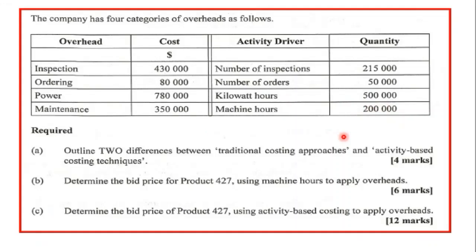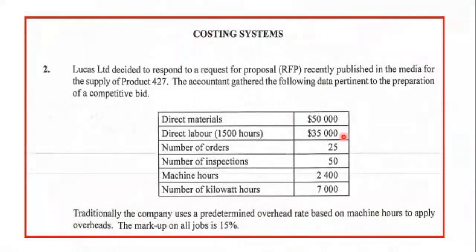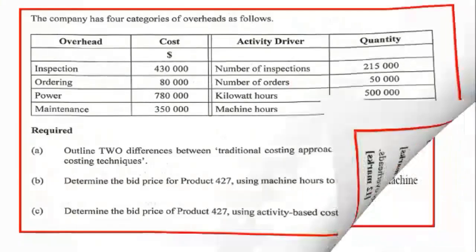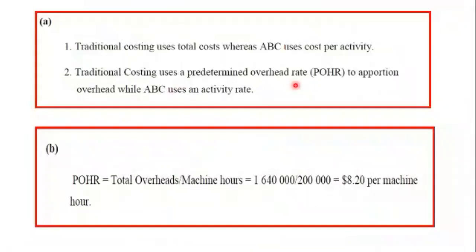And we back up here, we get the total overhead costs over here by adding down these. These are the estimated figures. From these, you are going to calculate the POHR. So the POHR would be equal to 1,640,000 divided by 200,000.